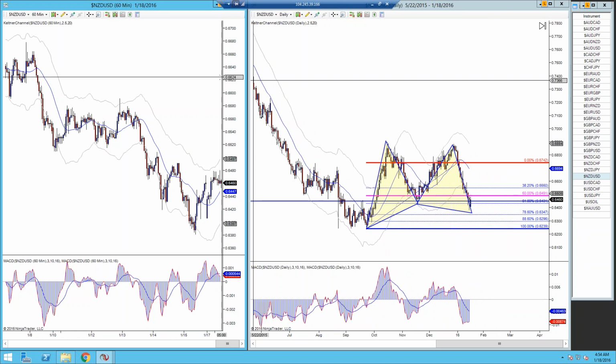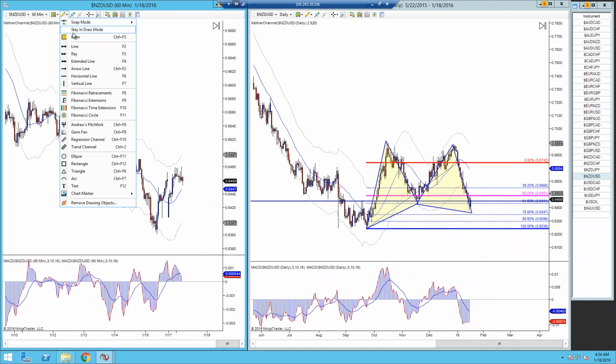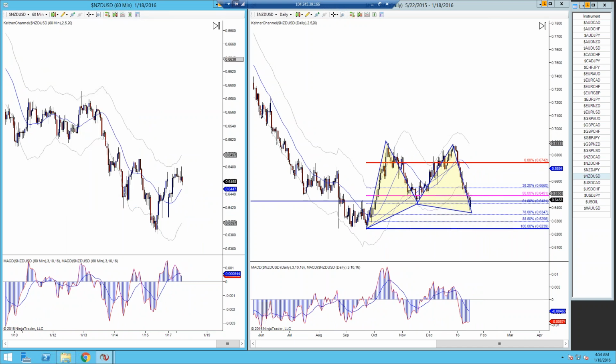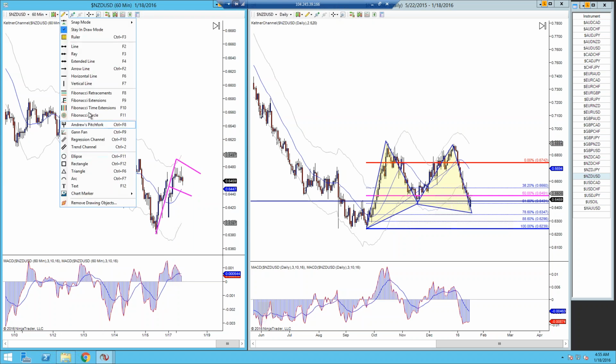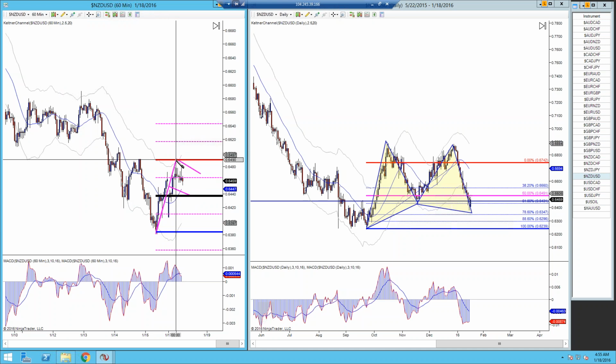What's happened is you see the NZD USD on the hourly chart starting to hold. So what I would do looking at this, guys, is this. You have to look at it more like this flaggish type of pattern in here and look at this to the long side. All right.